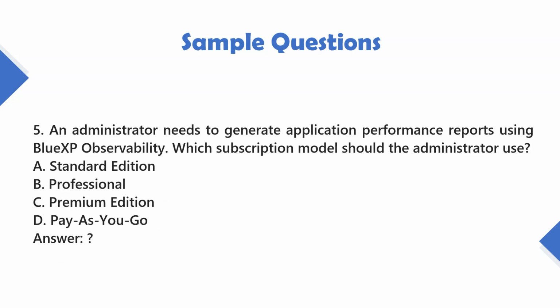5. An administrator needs to generate application performance reports using BlueXP Observability. Which subscription model should the administrator use? A. Standard Edition. B. Professional. C. Premium Edition. D. Pay-as-you-go. 6.